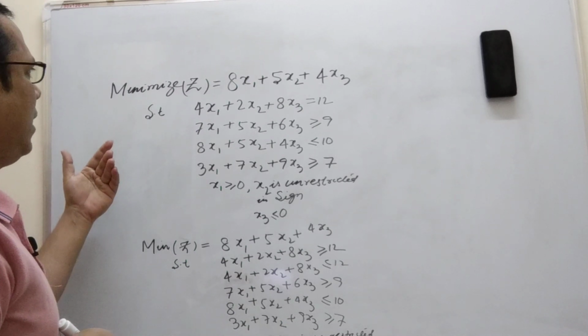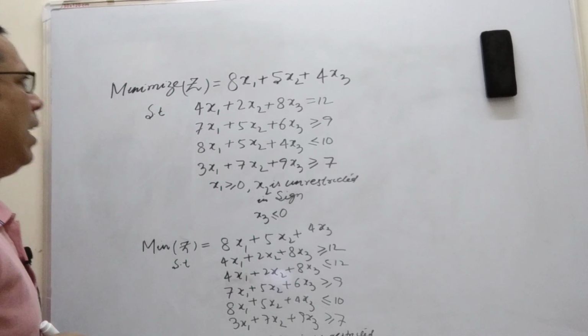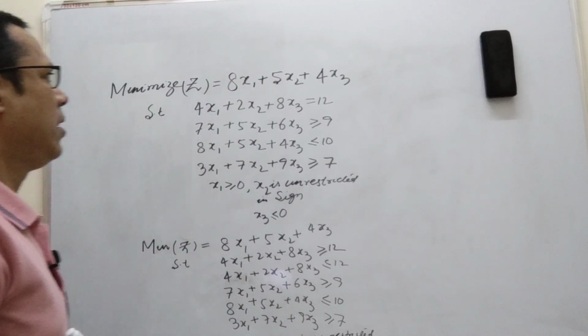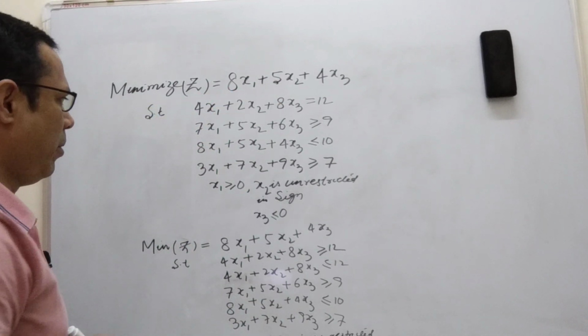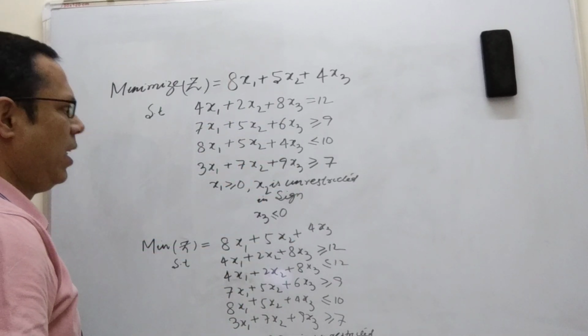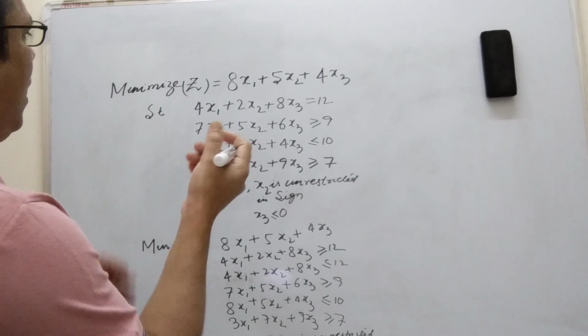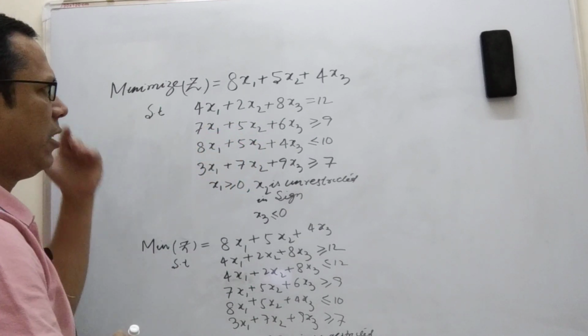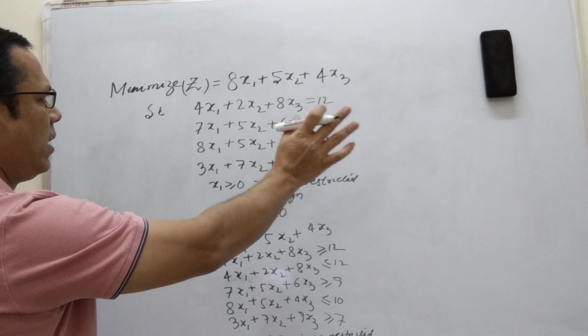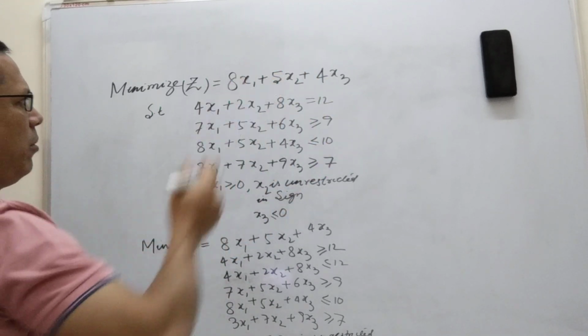So how many constraints and how many variables? Now here we can see there are 3 variables, x1, x2 and x3, and 4 constraints. It means once this primal gets changed into the form of dual, then the number of variables will become the number of constraints, and the number of constraints will become the number of variables.